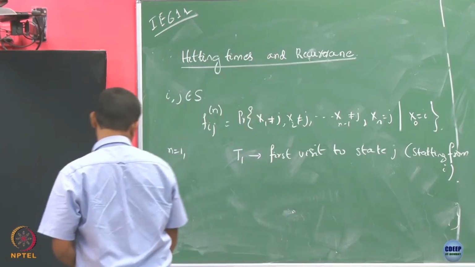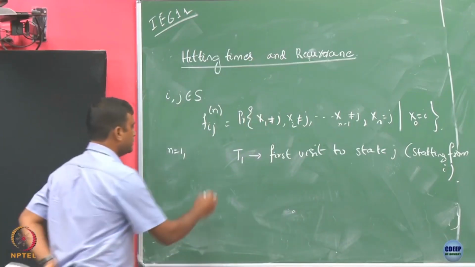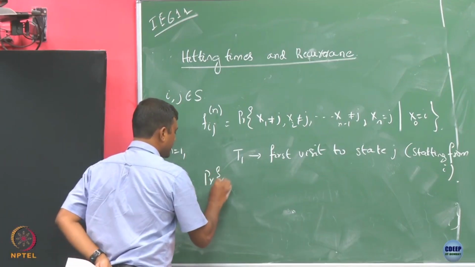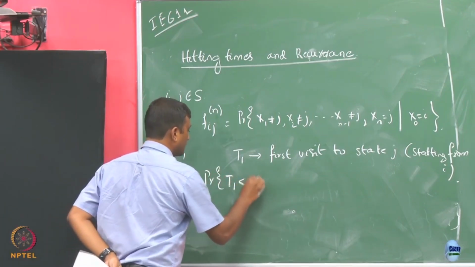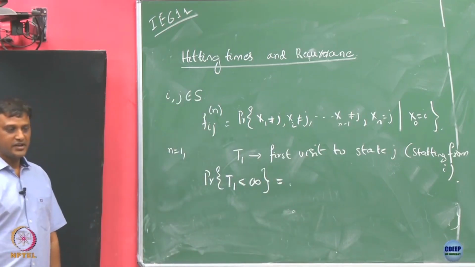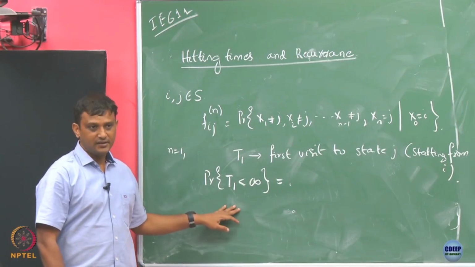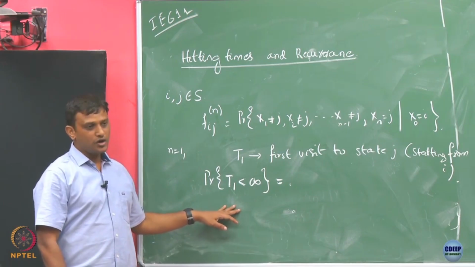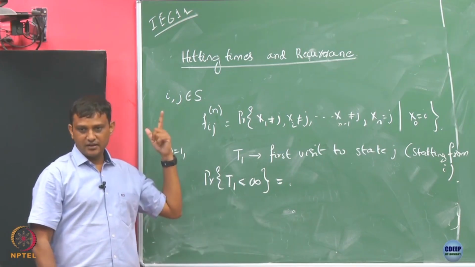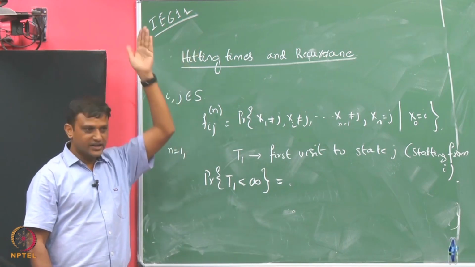Now if I want to say what is the probability that Tj equals finite, what is this probability? So I could go from state i to state j in 1 step or 2 steps or 3 steps or whatever.